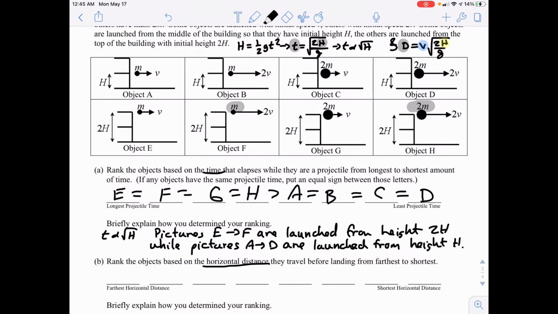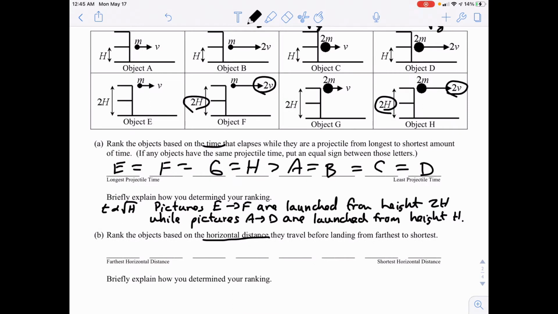Now m doesn't really seem to matter. The mass doesn't matter yet. We just want velocity and height. So 2v, 2h, 2v, 2h. Those ones are the greatest. So F and H would have the greatest horizontal distance because that's the greatest combination of velocity and height.